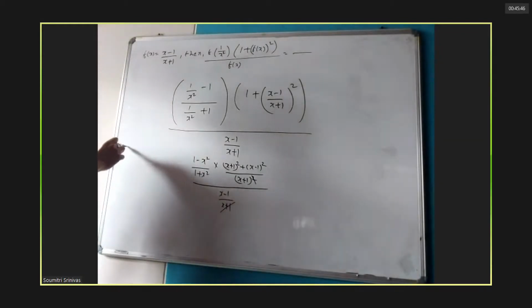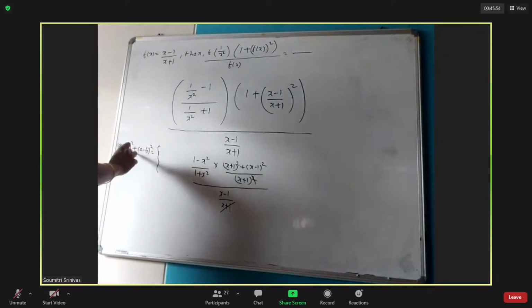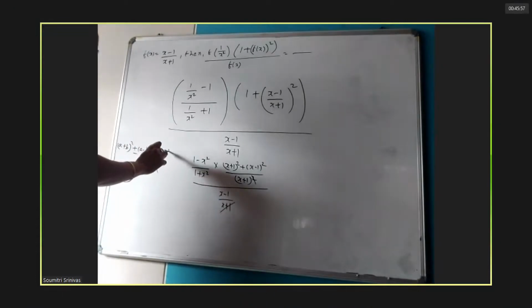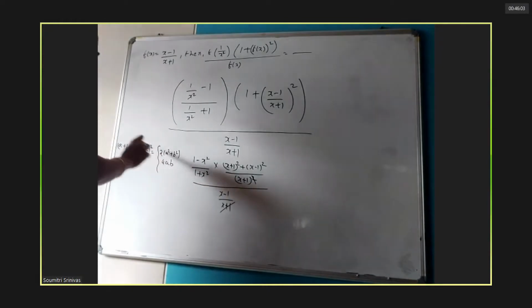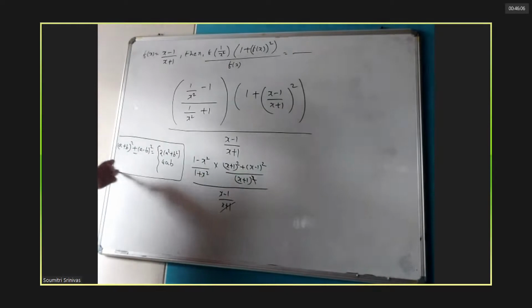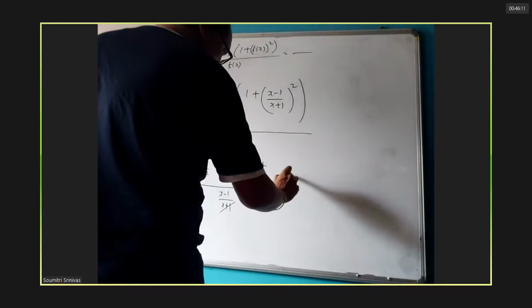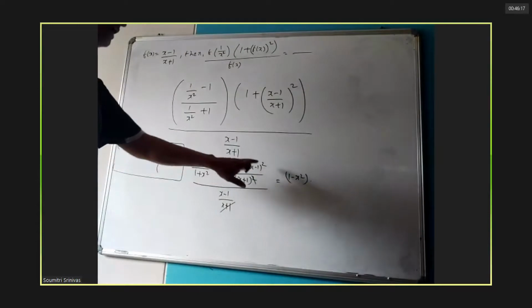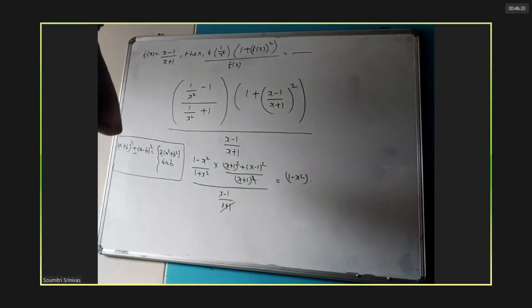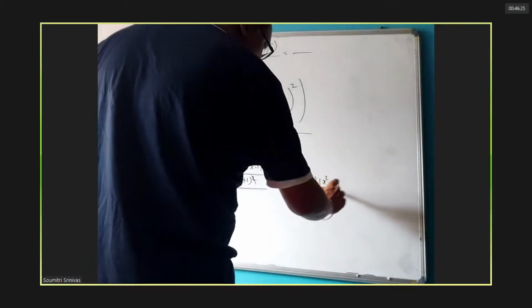a plus b whole square plus a minus b whole square will give you what? 2 of a square plus b square. Minus will give you what? 4ab. 7th standard algebra. So what's the numerator? 1 minus x square into x plus 1 whole square plus x minus 1 whole square, 2 into x square plus 1.